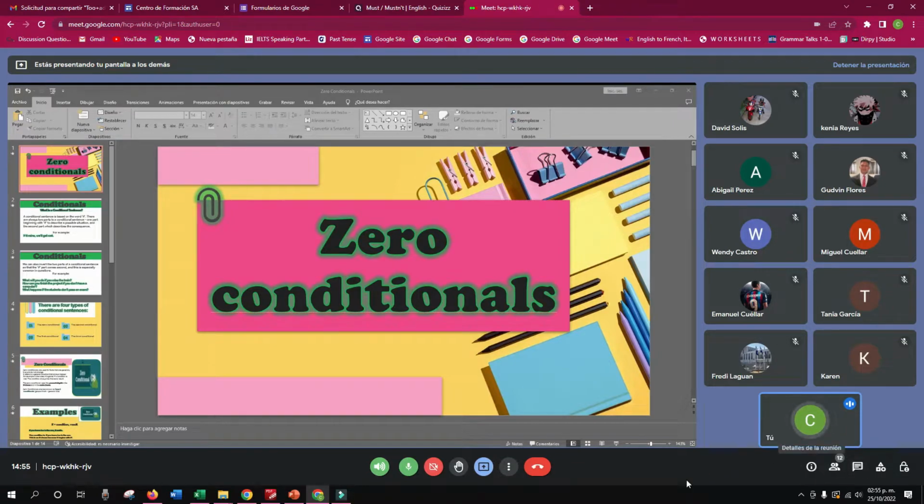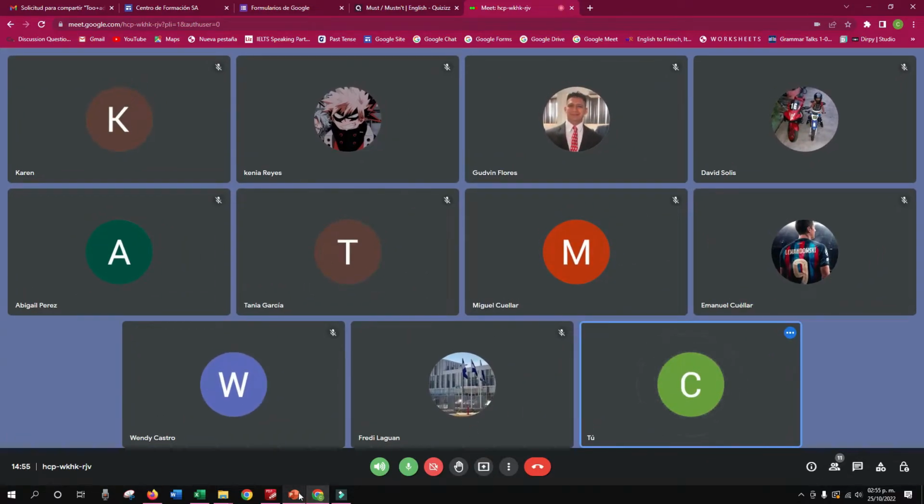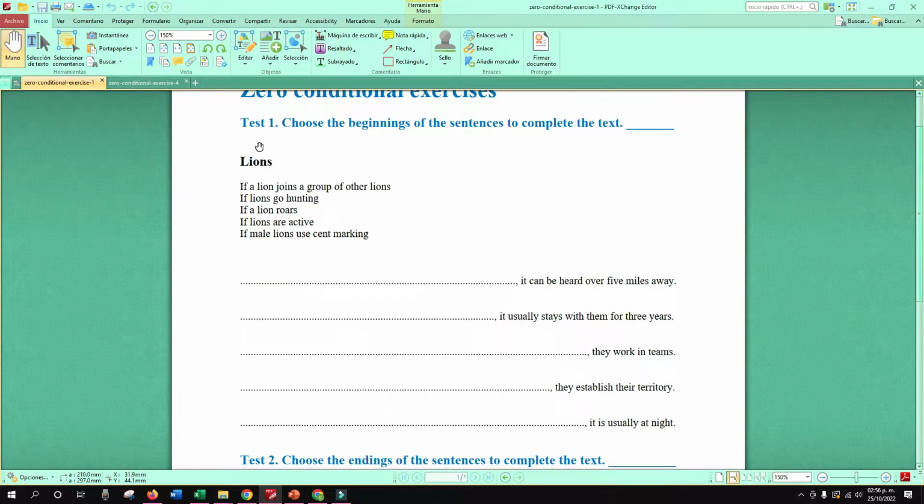first activity, and I want all of you to participate, please, right? So I will share that exercise with you. Sorry. Let's see. Here we have this. Choose the beginnings of the sentences to complete the text, right? There you have 1, 2, 3, 4, 5.